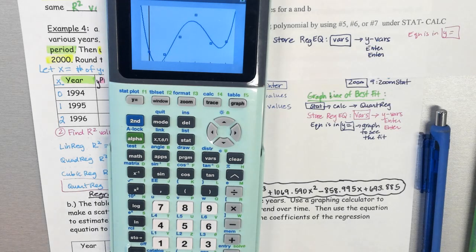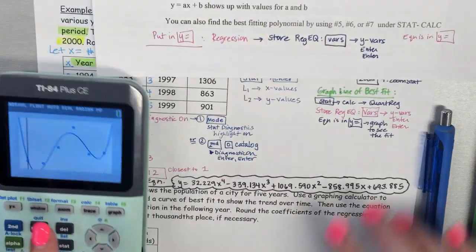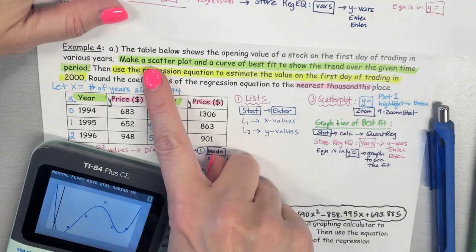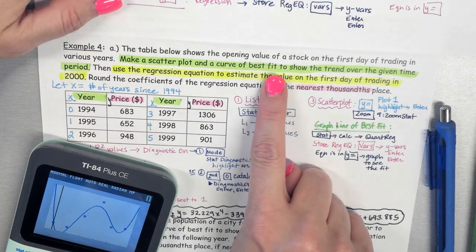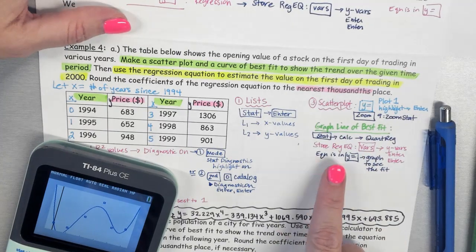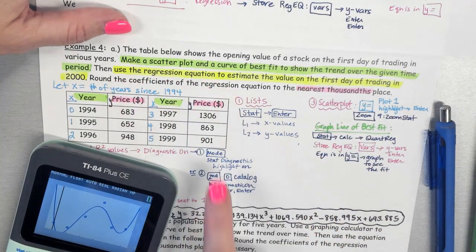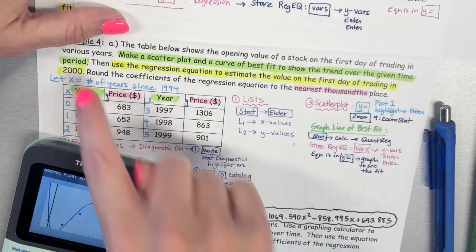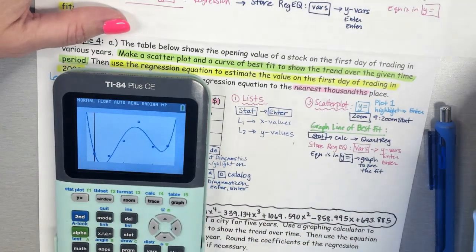Now, this is going to help us with the last thing we have to do in the problem, okay, which from yesterday, it said to make a scatter plot and the curve of best fit to show the trend. So that's what we just did in step 3. It said to use the regression equation, which we found yesterday, to estimate the value on the first day of trading in 2000.